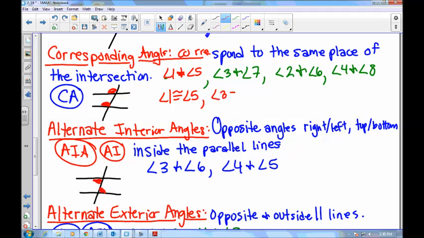Angle 3 is congruent to angle 7. Write yours down, please. Angle 2 is congruent to angle 6. And angle 4 is congruent to angle 8. Write it down, please. Corresponding angles are congruent.